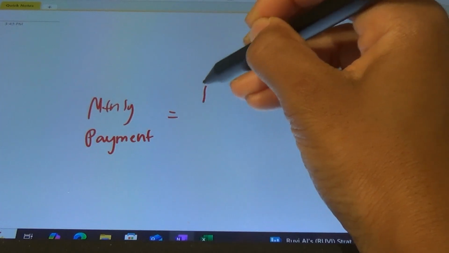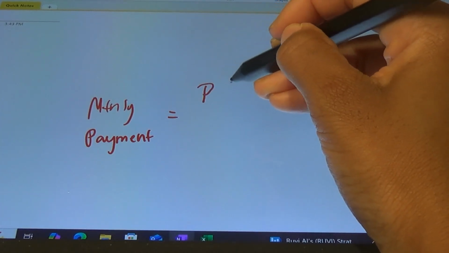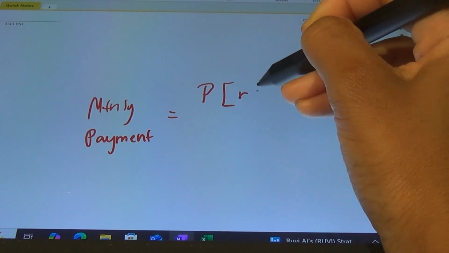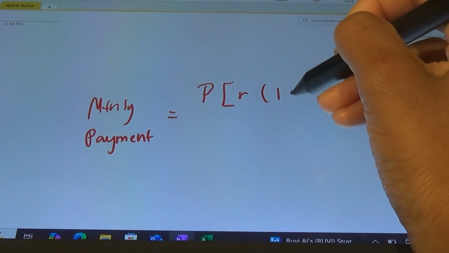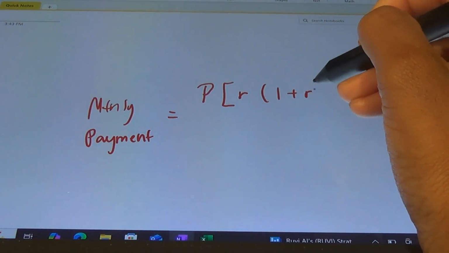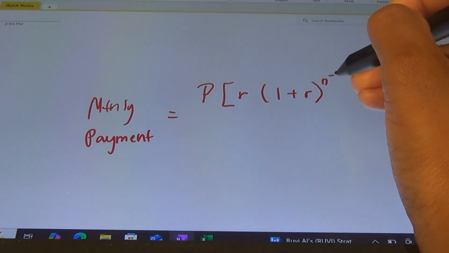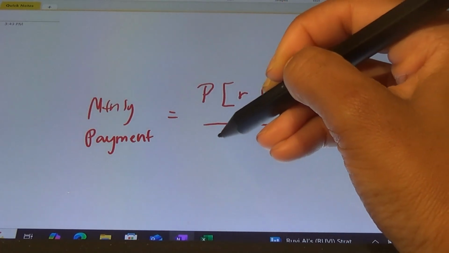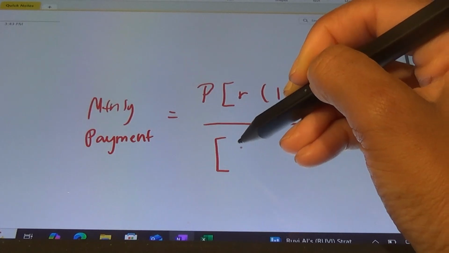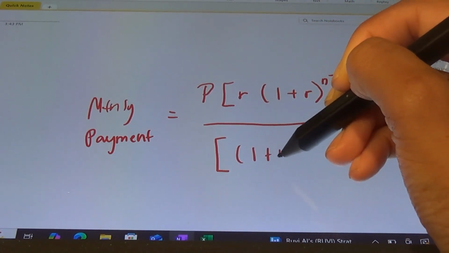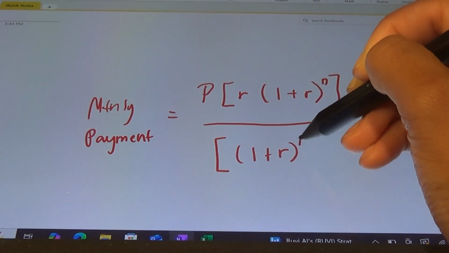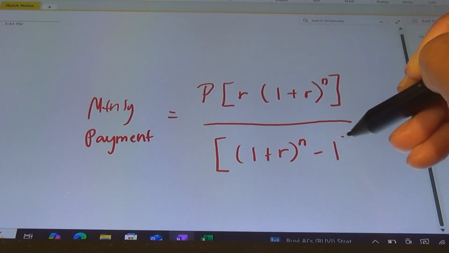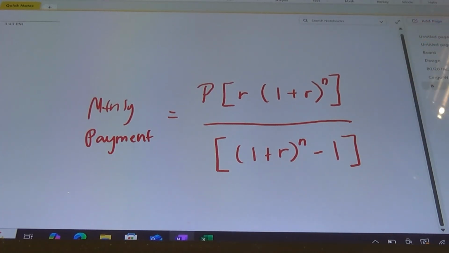Let's see here. Okay, that's the formula.